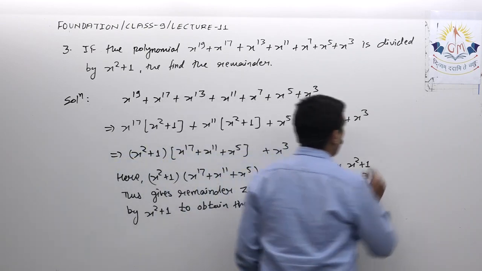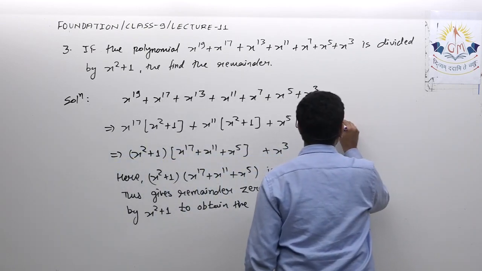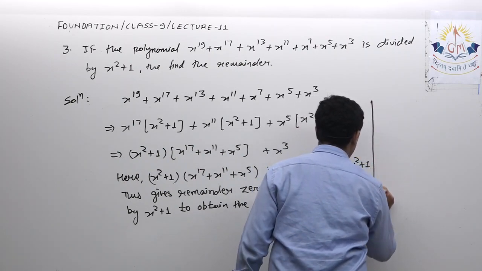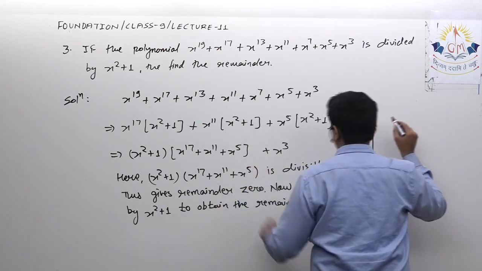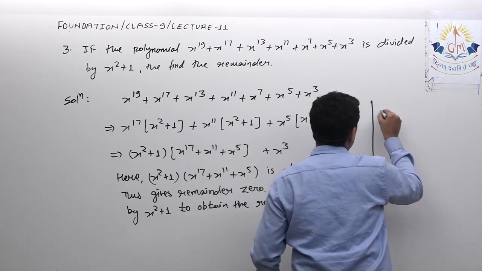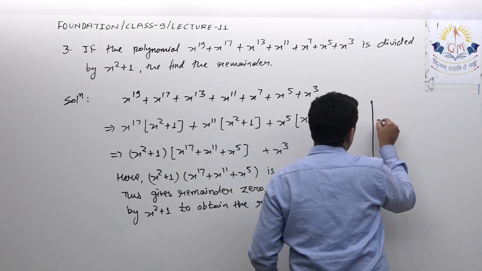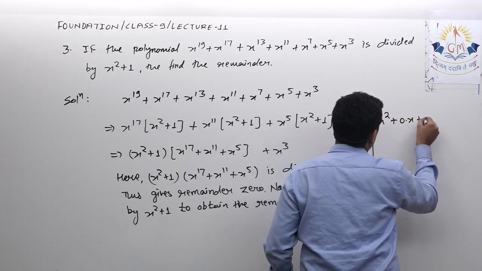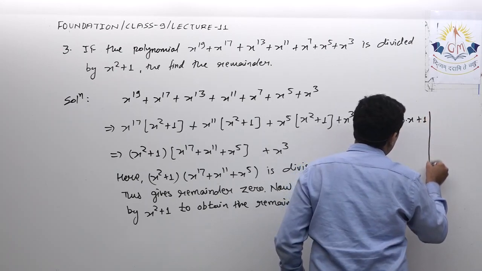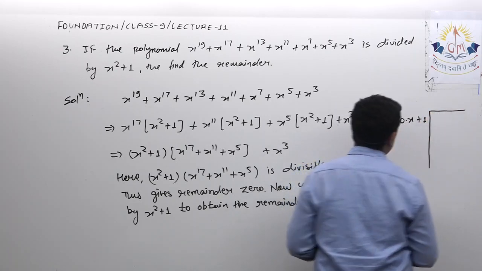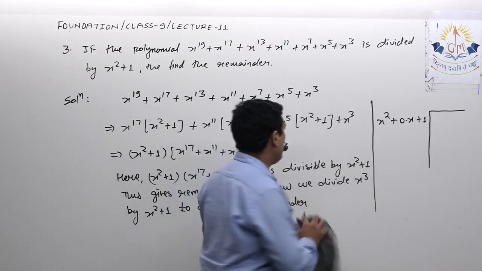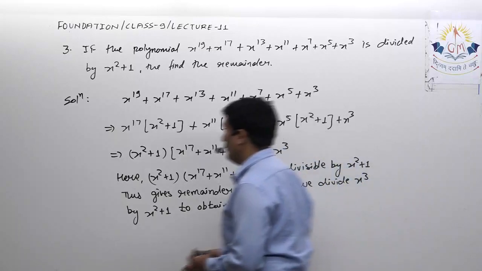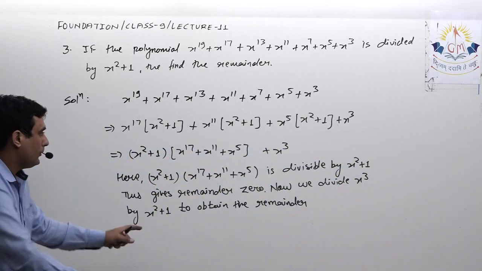So that we can do over here. What we have to do is divide x cube by x square plus 1. So here I write x square plus 0x plus 1, and I have to divide it. Note it down up to this point, then I will give you the further solution.